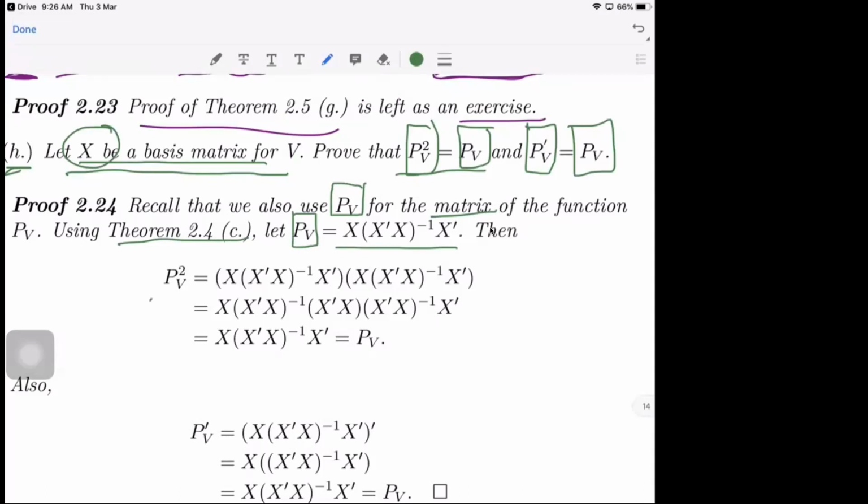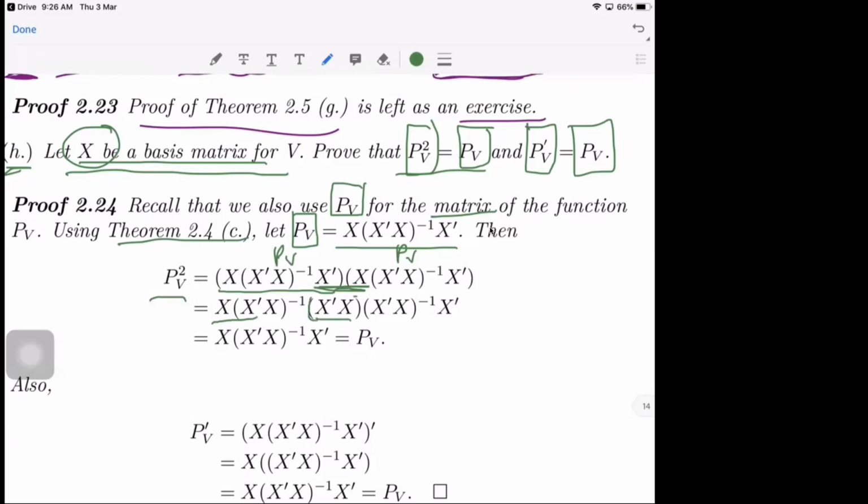So if we get the square, this is your PB times PB. And this is just matrix, so it means that our dimensions here are conformable. So with matrix multiplication, they can be adjacent.